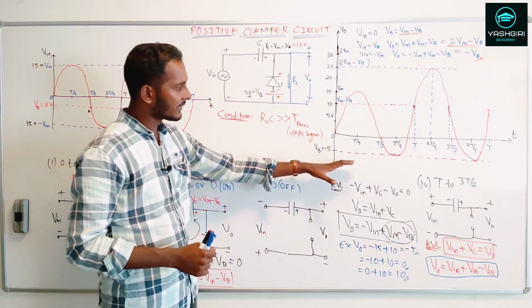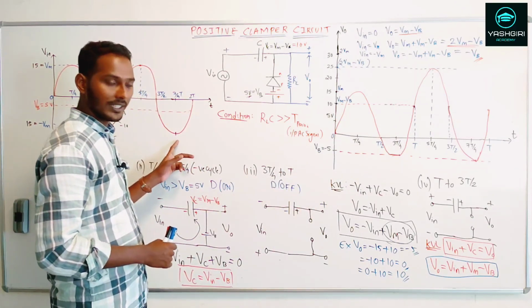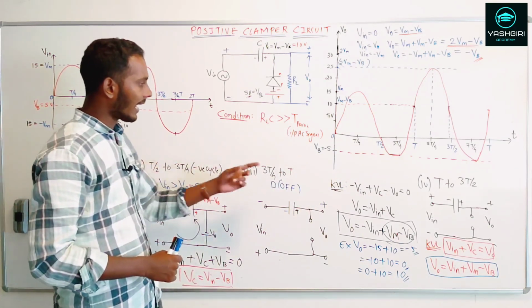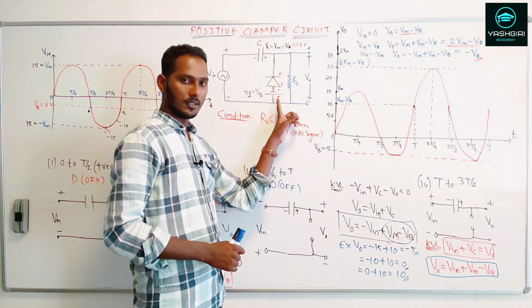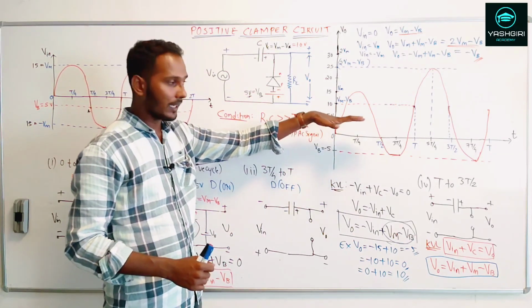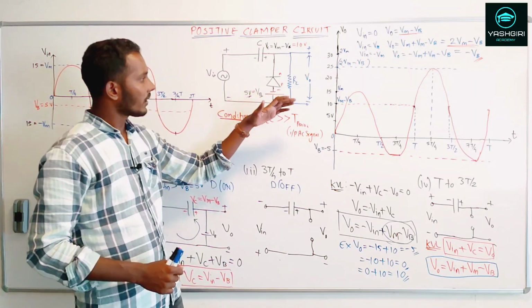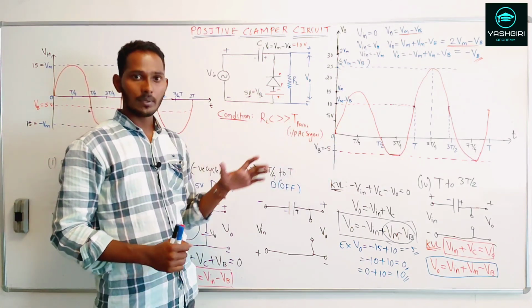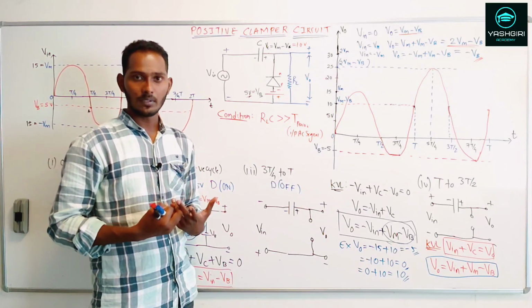Now if you see this output waveform, what I can say is that the negative peak of the input AC signal has been clamped to the biasing voltage that we selected in this circuit. So you can vary the clamping level by selecting a proper voltage in the circuit. That's all for this positive clamper circuit, and in the next class we will see the negative clamper circuit.